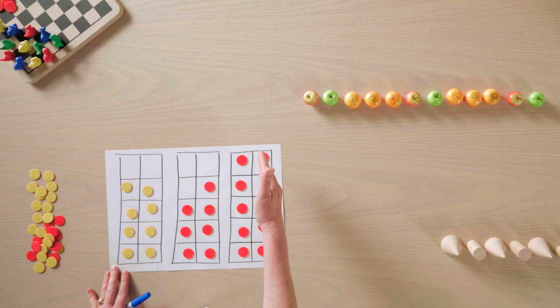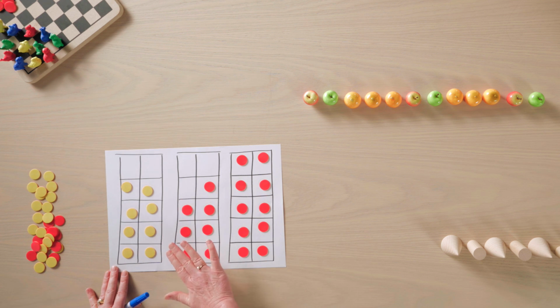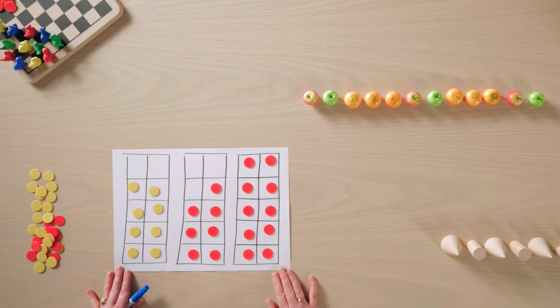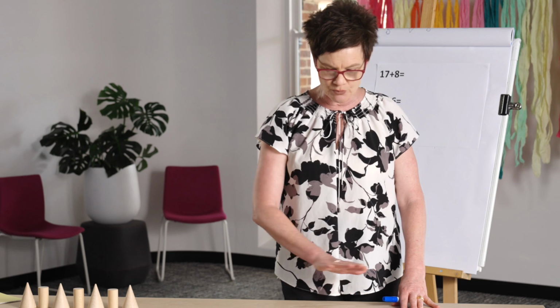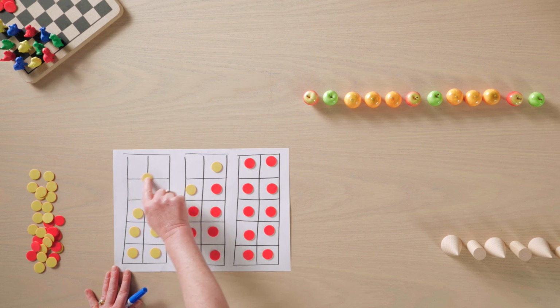So here is our 10 frames. We have one lot of 10 and our 7. So we have 17, and what we've been asked to do is add 8 to it. So you can see I have 17, add 8, and we've used some different colours so we can see that too. So if I am going to use the strategy of bridging to 20, I want to make 20. So I need to move some over to fill up this 10 frame.